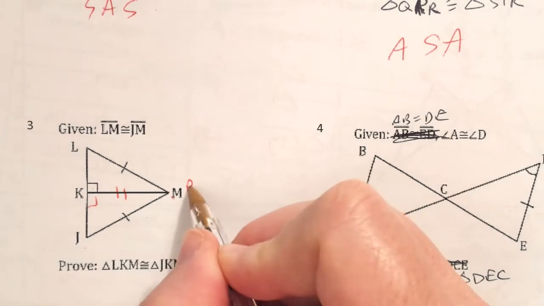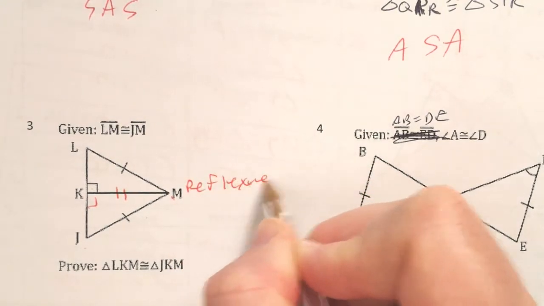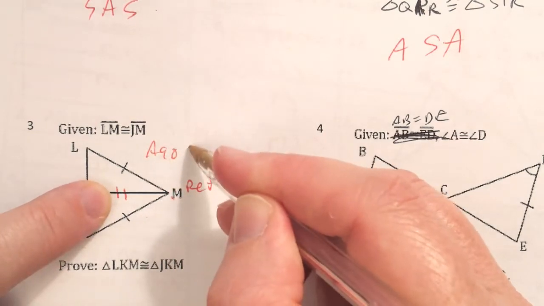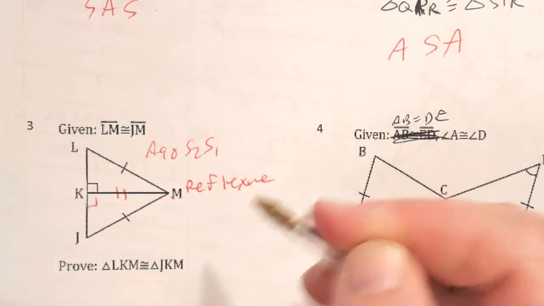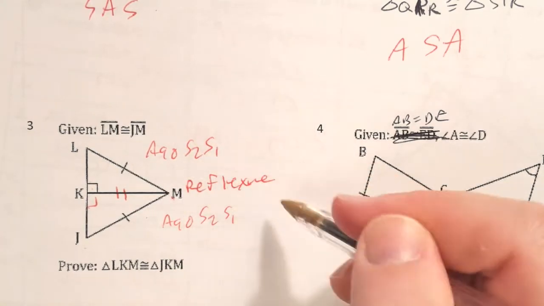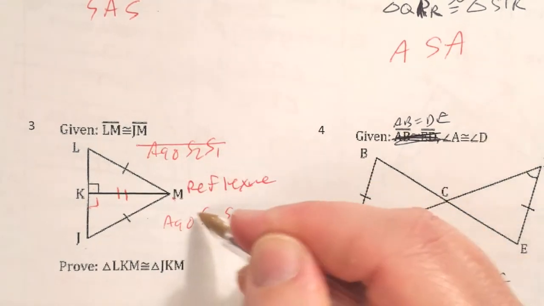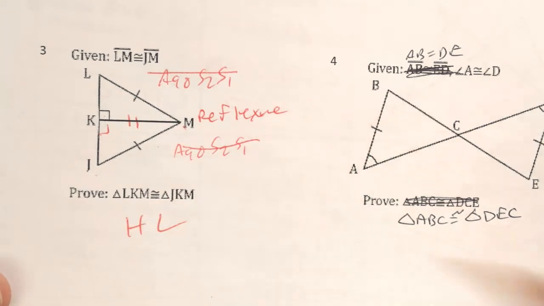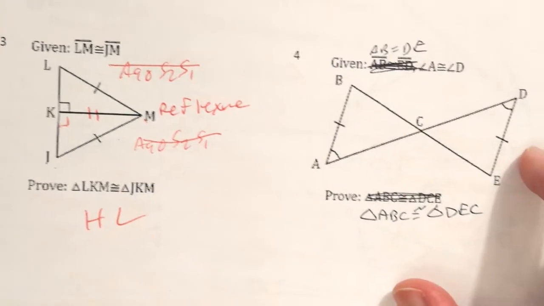If you travel around the triangle, we get angle 90, side 2, side 1. Same thing here. The order matches, but we're not allowed to have AS. But we can have it if it's a right angle, and it is. So that's hypotenuse-leg.